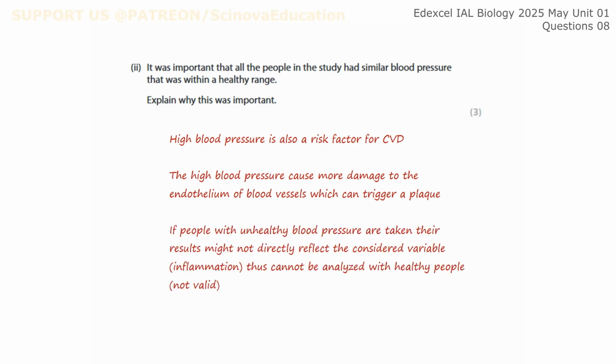So already if a person is having an unhealthy blood pressure level, then it can affect the development of CVD. So the results will not reflect the effect of inflammation. So in that case, the results will not be valid.